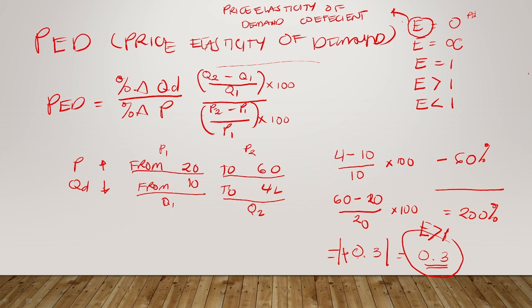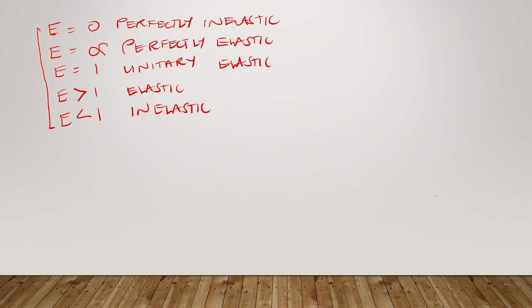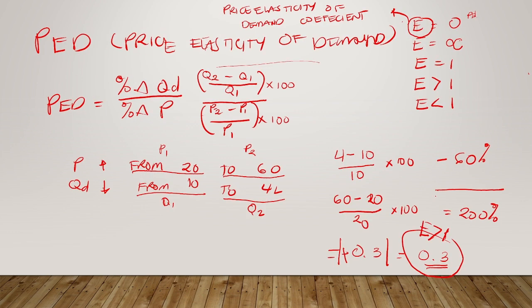If it's equal to 1, then it's unitary elastic. If 0, it's perfectly inelastic, and infinite, which seldom happens, is perfectly elastic. That's about the PED.